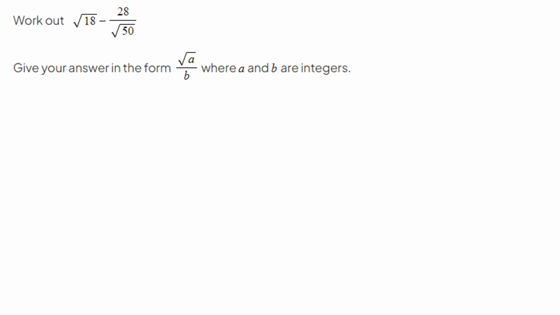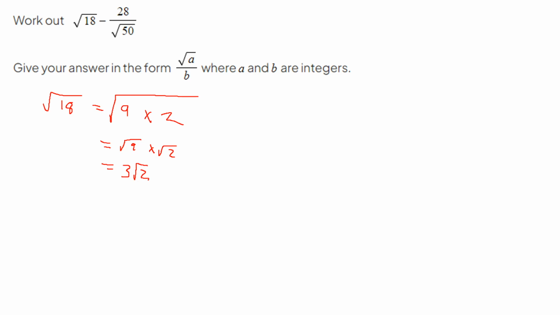So let's look at what we have. Root 18, as we mentioned in the last class, can be written as the square root of 9 times the square root of 2. What's the square root of 9? The square root of 9 is 3. So it's 3 root 2.